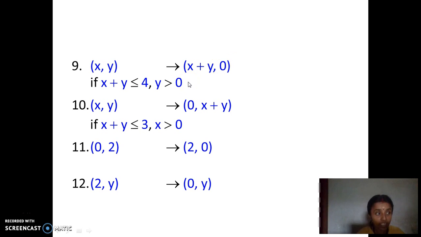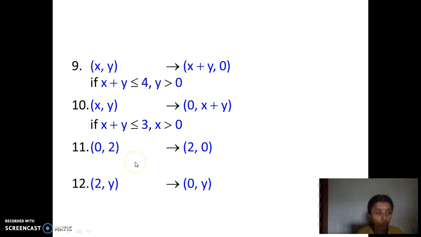The ninth rule is, if the total amount of water is less than or equal to 4 gallons, then x plus y water can be poured into the first jug. Similarly, the tenth rule is, if the total amount of water is less than or equal to 3 gallons, then x plus y amount of water can be poured into the second jug.